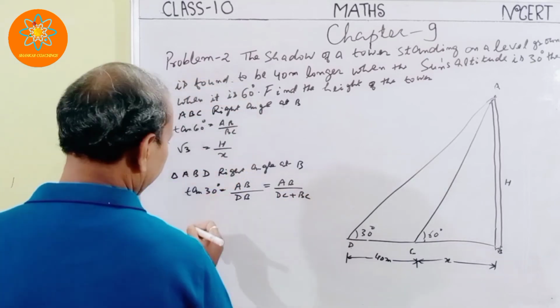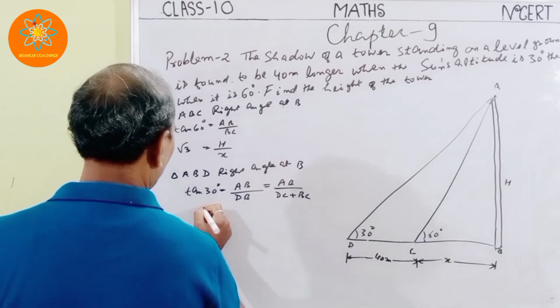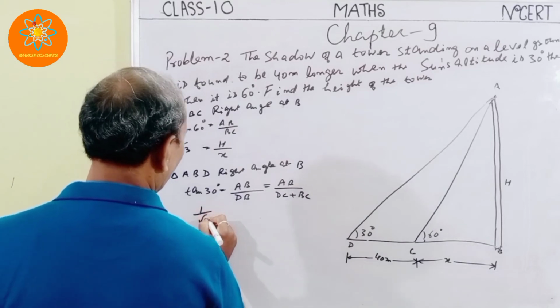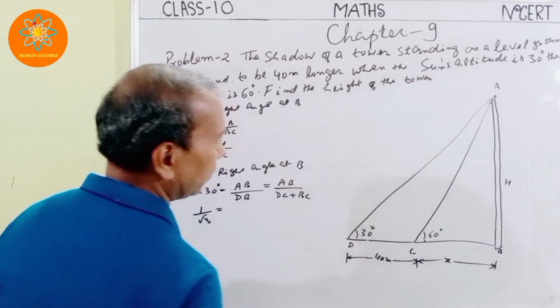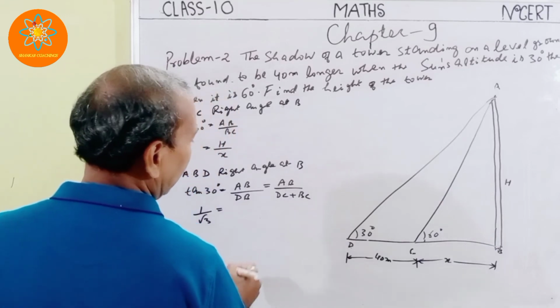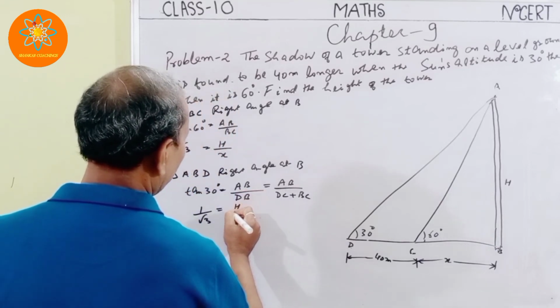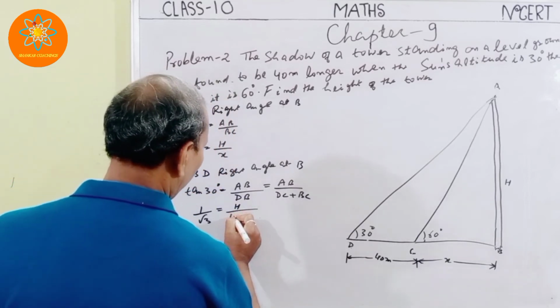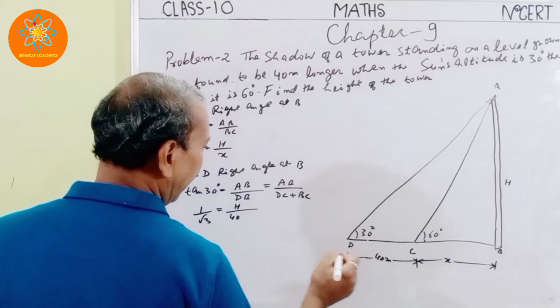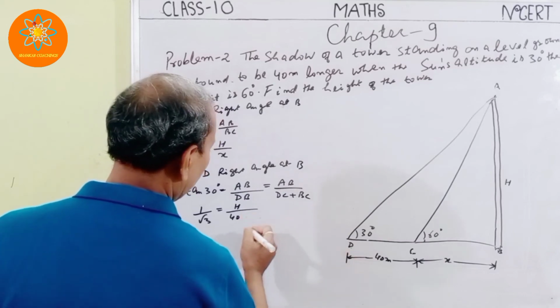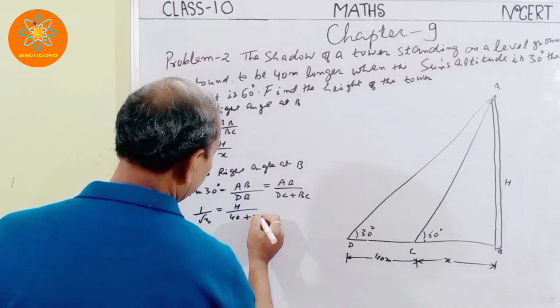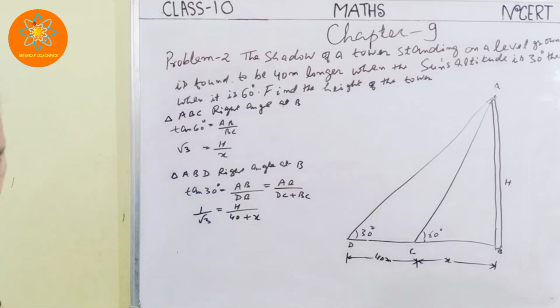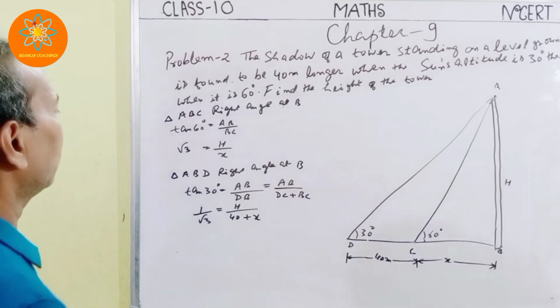Put the value of tan 30 degree: 1 by root 3 is equal to AB is h, h divided by DC is 40, and BC is x, so 40 plus x.